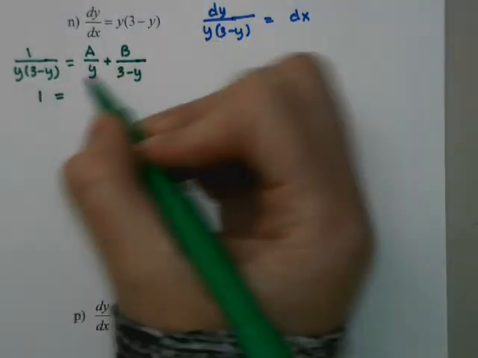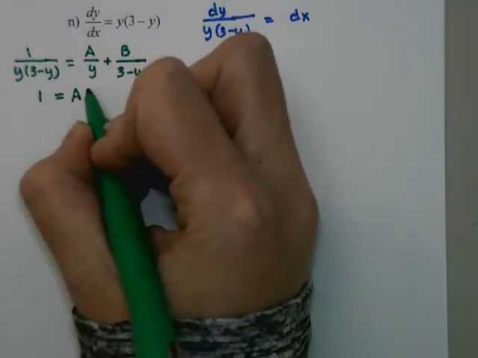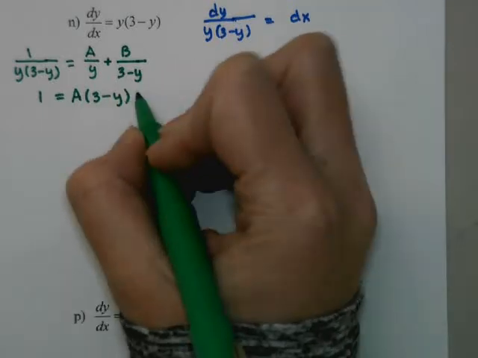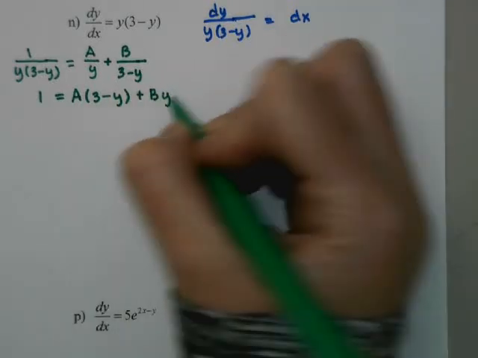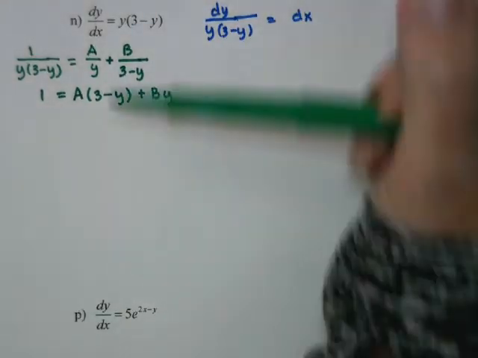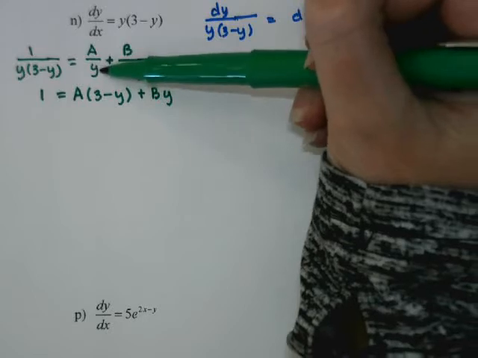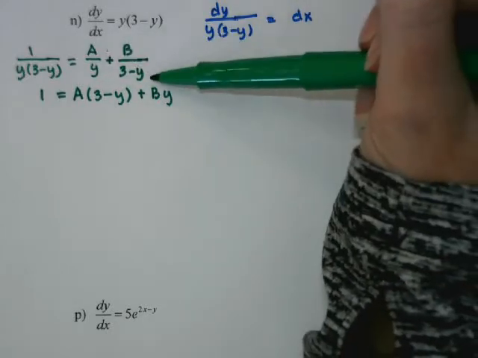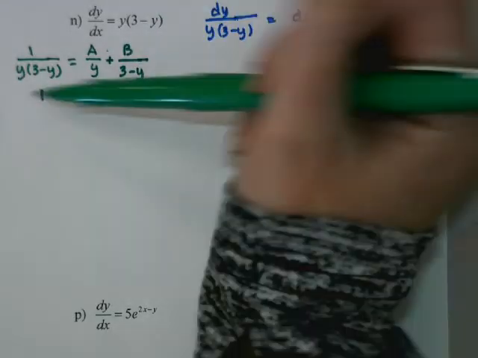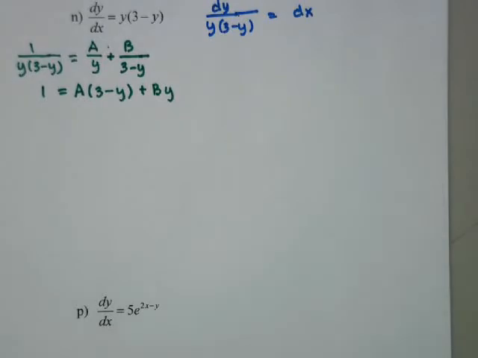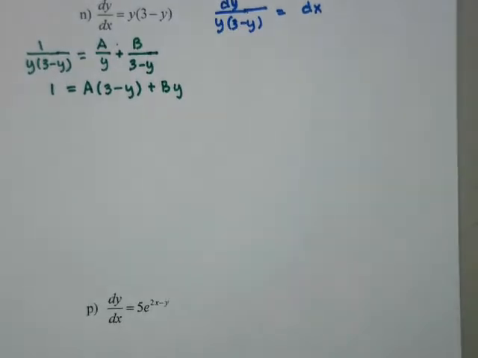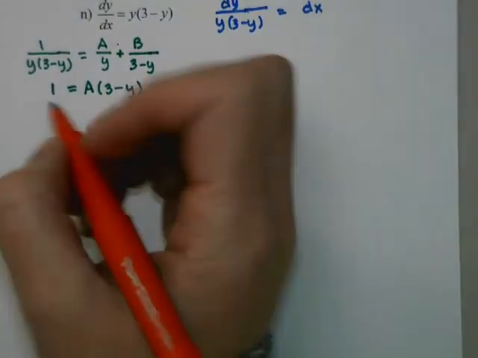So 1 is going to equal a times 3 minus y plus b y. So remember, that's what we'd have to do to get a common denominator. You need to multiply this by 3 minus y over 3 minus y. You need to multiply this by y over y. So this is our resulting equation that we want to solve. And the strategy is to pick convenient values of y.